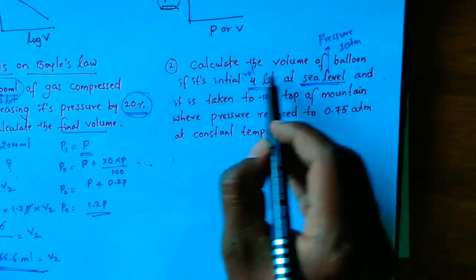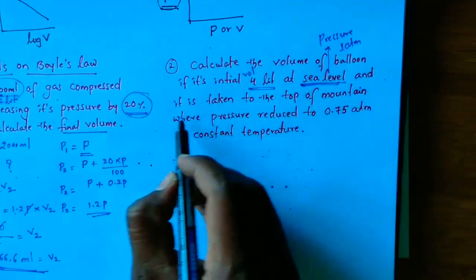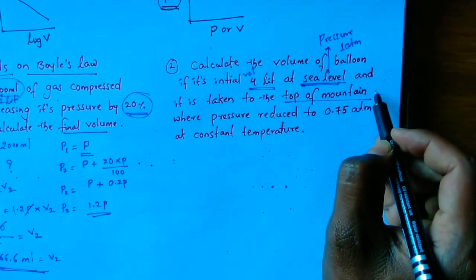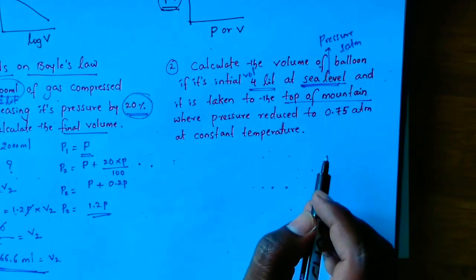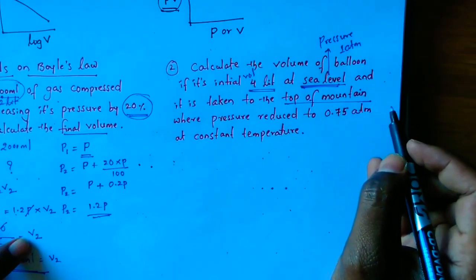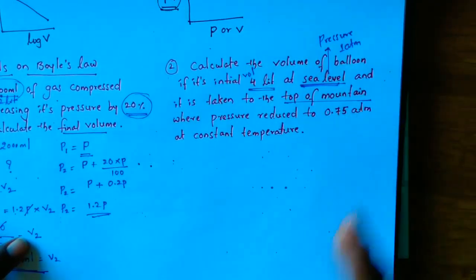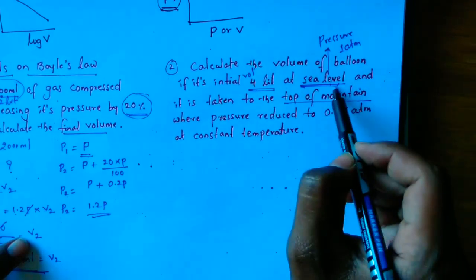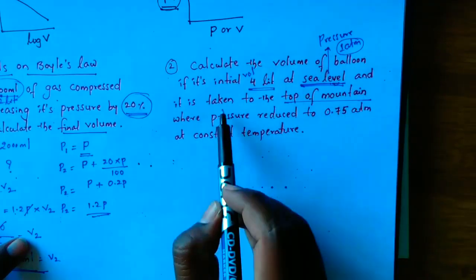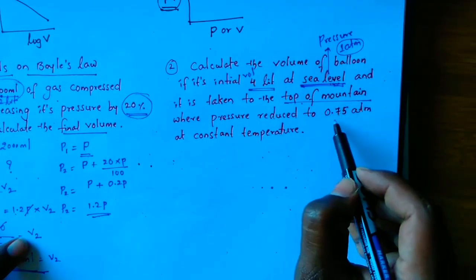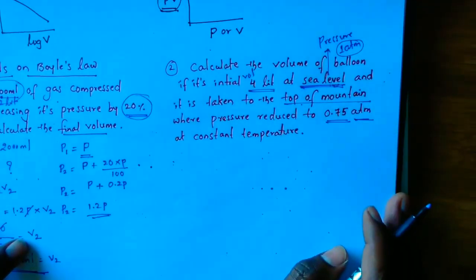And it is taken to the top of a mountain, moving up. We know that at higher altitudes the pressure decreases compared to sea level. At sea level the pressure is 1 atmosphere, but the balloon is taken to the top of the mountain where the pressure is reduced to 0.75 atmospheres.